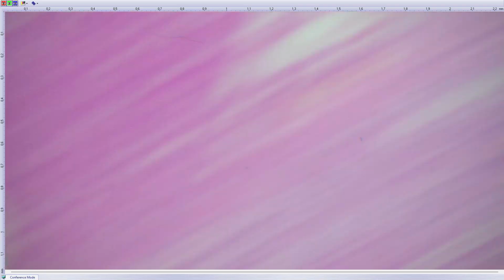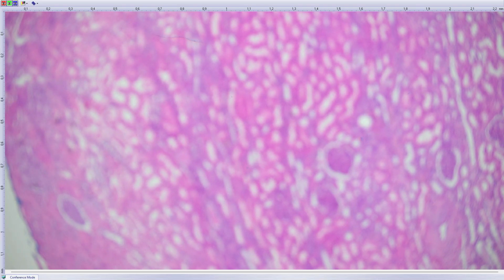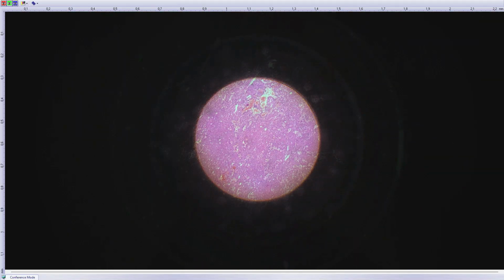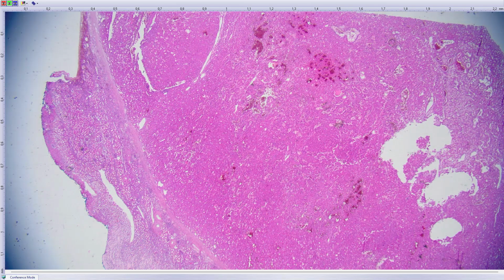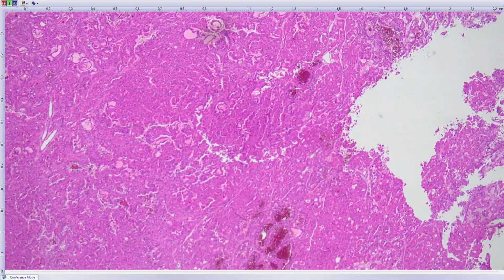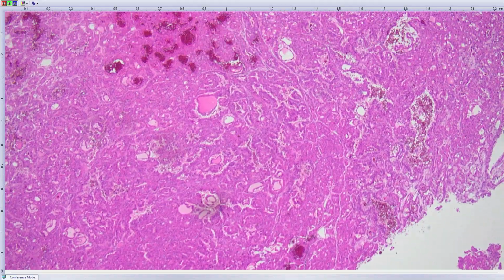And my last case, again a consult case from last week. This was a tumor from a lady about 70 years old, and I got a tumor of this morphology. From the first look, you see that the tumor is more papillary arranged.